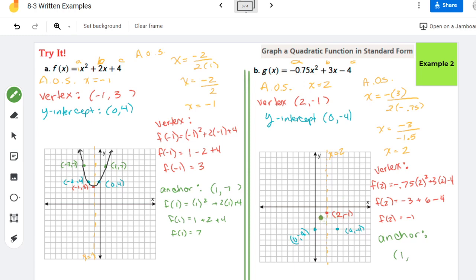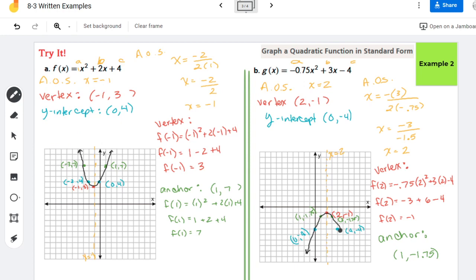That ordered pair is at 1, -1.75. I don't really have to do any arithmetic for that anchor point, and that's nice. Then I reflected it across the axis of symmetry, and I could draw my little U shape.